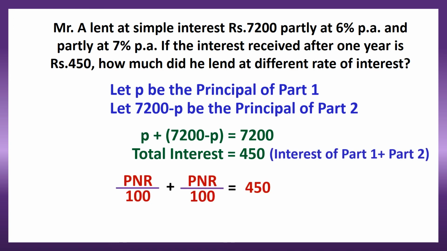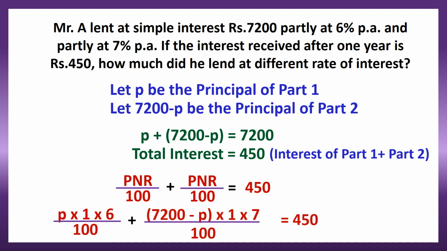Therefore, PNR by 100 of part 1 plus PNR by 100 of part 2 is equal to 450. P into 1 into 6 by 100, that is of part 1, plus 7,200 minus P into 1 into 7 by 100, that is equal to 450.